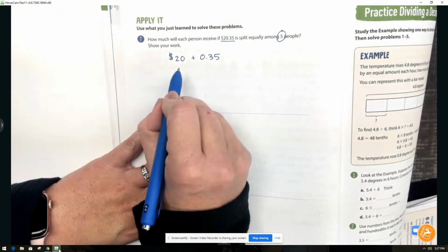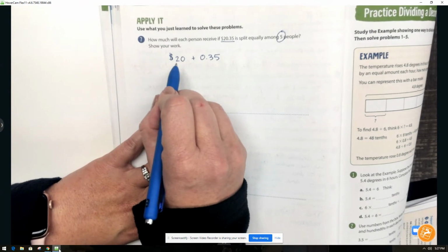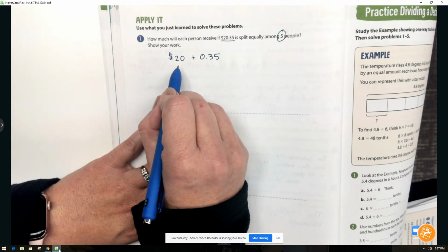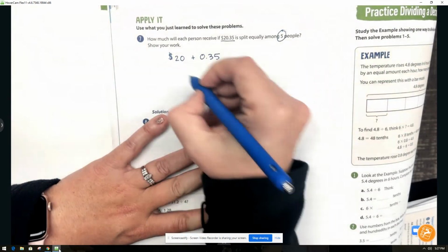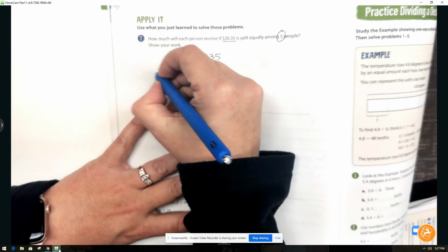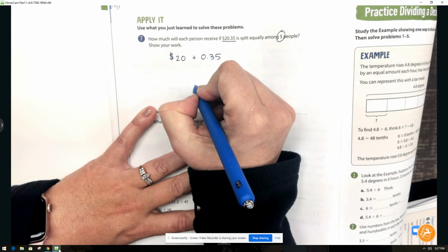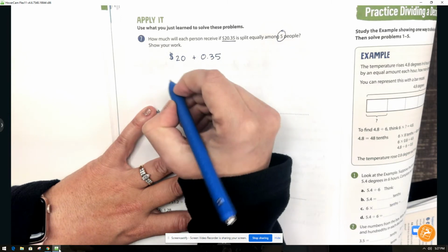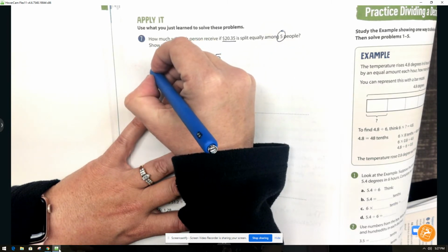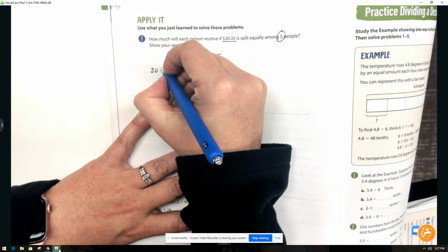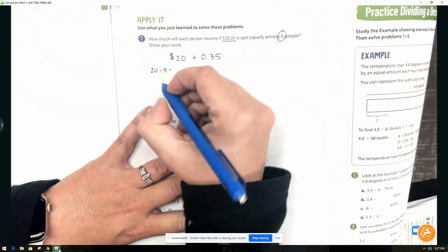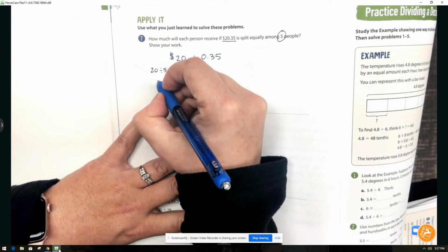And so now I'm going to look at this $20. If I have $20 and I want to divide $20 into 5 groups, what is 20 divided by 5? Do you guys know? So let me rewrite that. So I want to go 20 divided by 5 equals. If you don't know, remember you can think of this as a multiplication sentence.